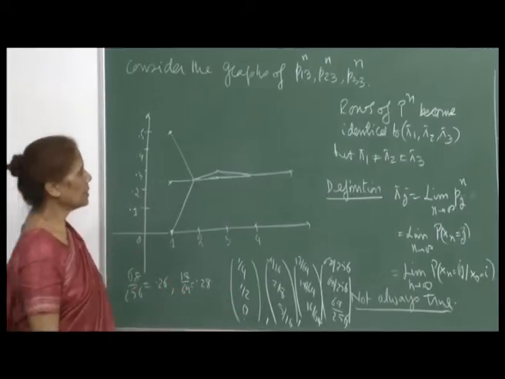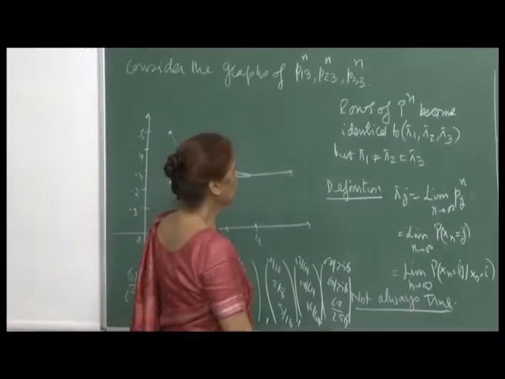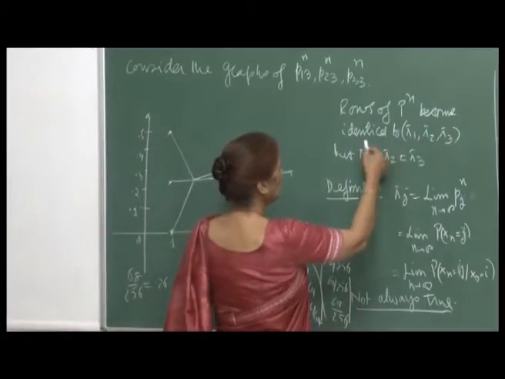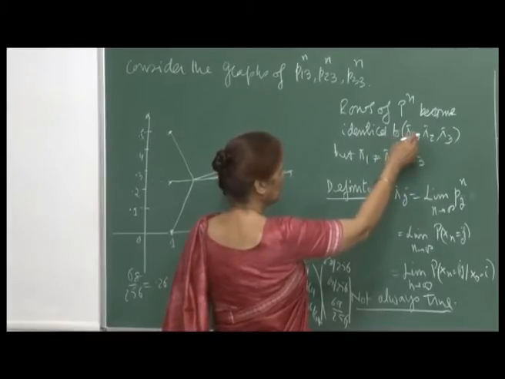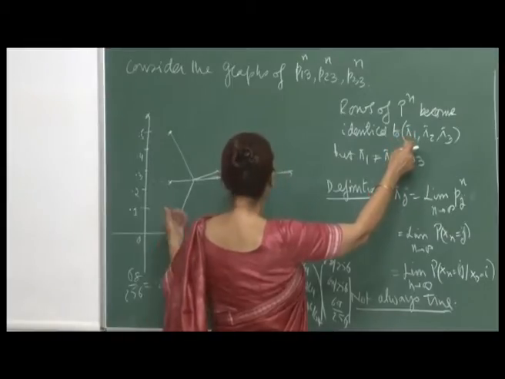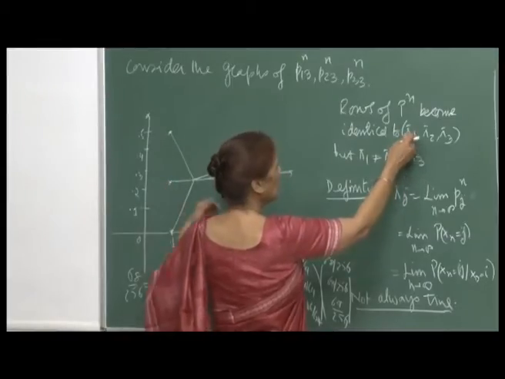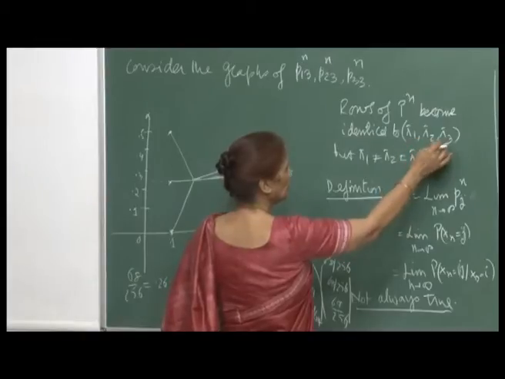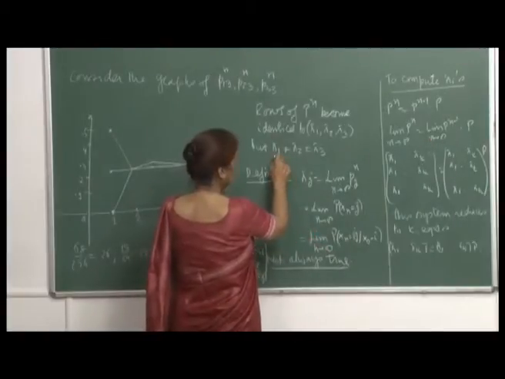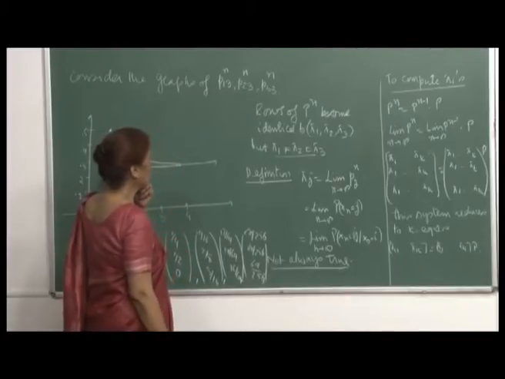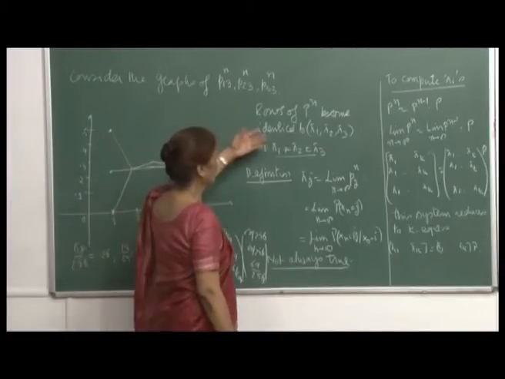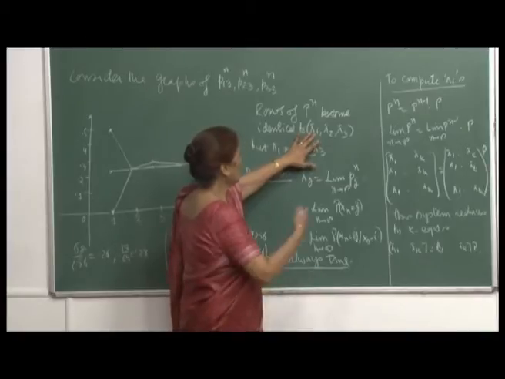Okay. So, what we are going to say is that the rows of P n become identical to pi 1, pi 2, pi 3. All the rows, because it does not matter what the starting state of the system is, and so all the rows will be pi 1, pi 2, pi 3, but it is not necessary that the three probabilities are the same. So, essentially this is now a long term behavior.